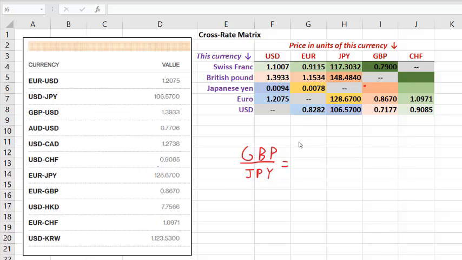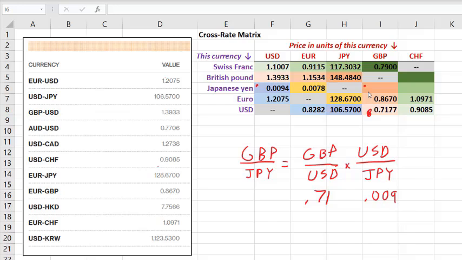So what is the pound price of the dollar, pounds per dollar, times the dollar price of yen. So pound price of the dollar, that's this right here, 0.71. And then the dollar price of yen is going to be this one over here, the yen in terms of dollars, 0.009.